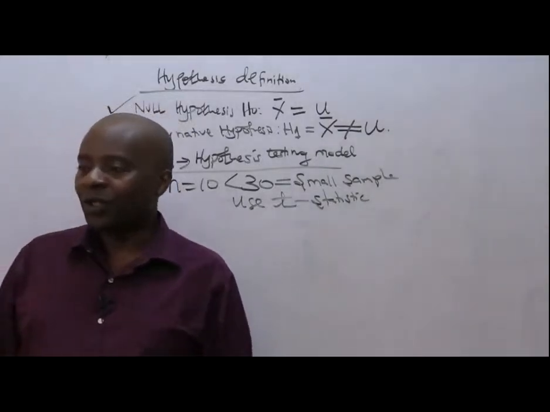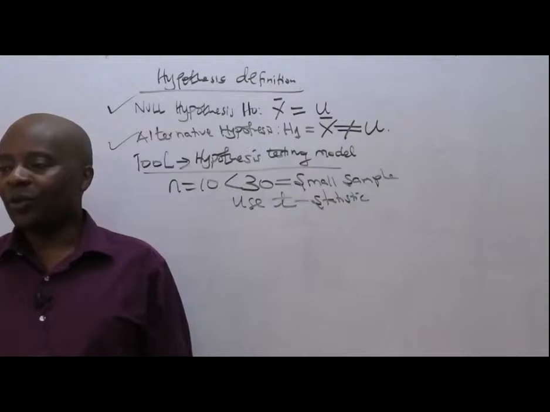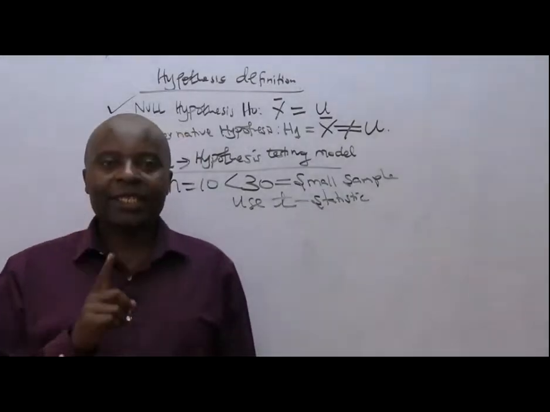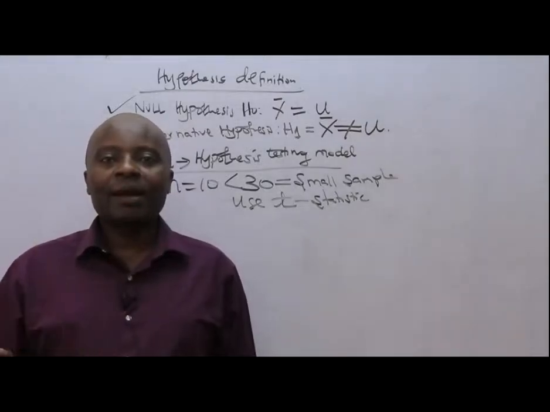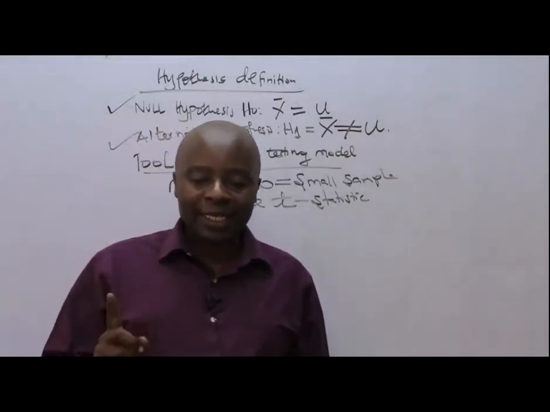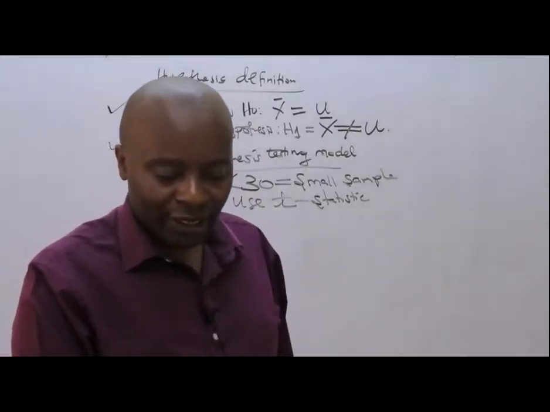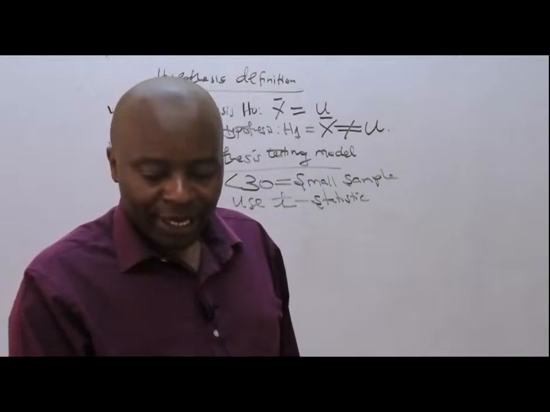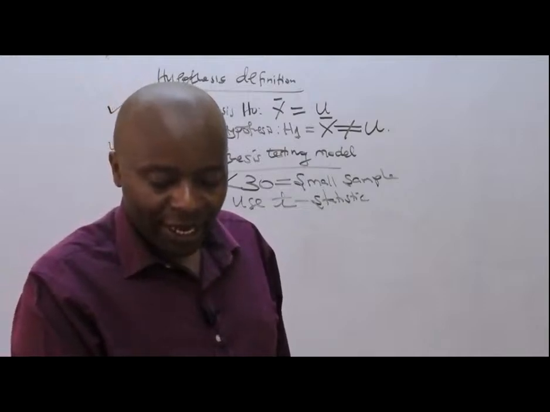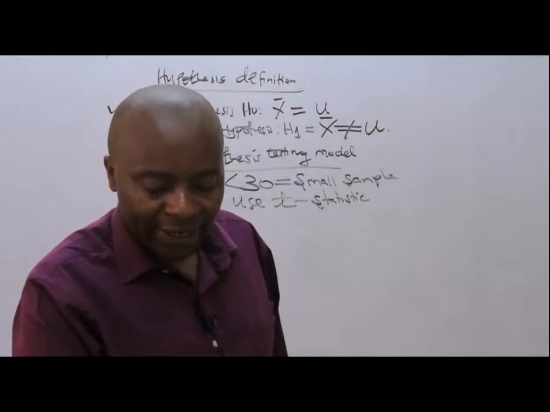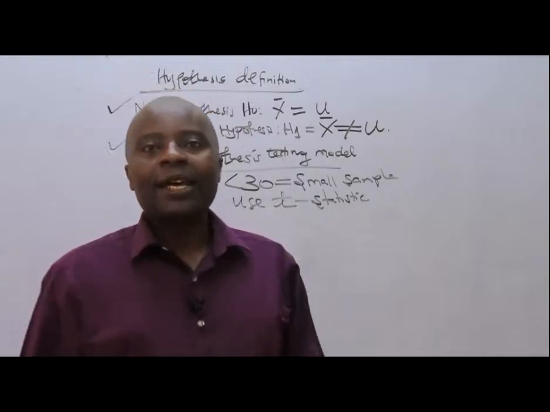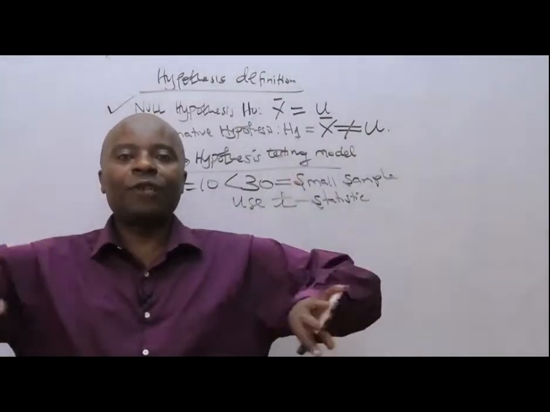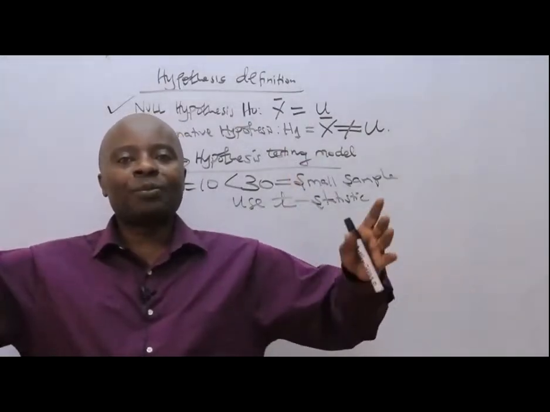So now we can continue. What have we said? Small sample, we use the T statistic, and the large sample, we use the Z statistic. Now, ladies and gentlemen, this examiner has not given us the level of significance. Remember, in most cases, the level of significance, at what level the figure is significant, will always be given.